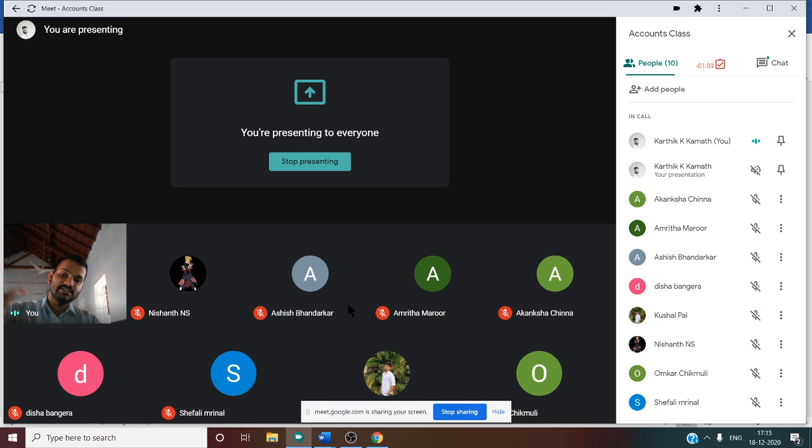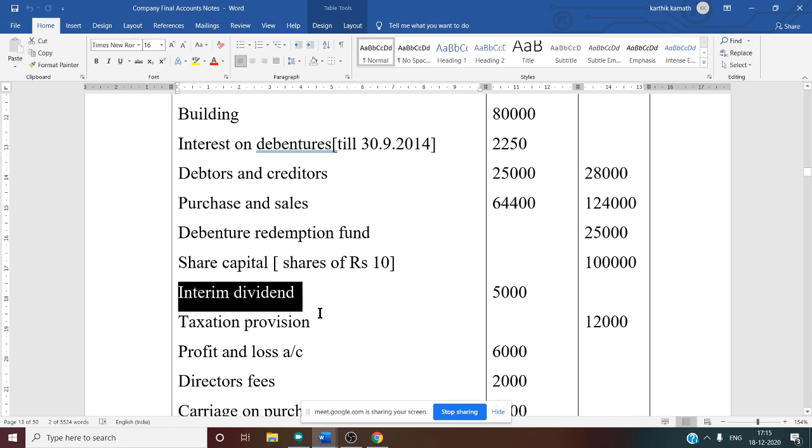Under reserves and surplus, there are two categories: one is reserves and one more is profit and loss account. Under profit and loss account, we are going to deduct interim dividend. Why? Because interim dividend is paid out of the profit, or we'll assume that dividends are paid out of the profit. That is why we are going to deduct interim dividend.